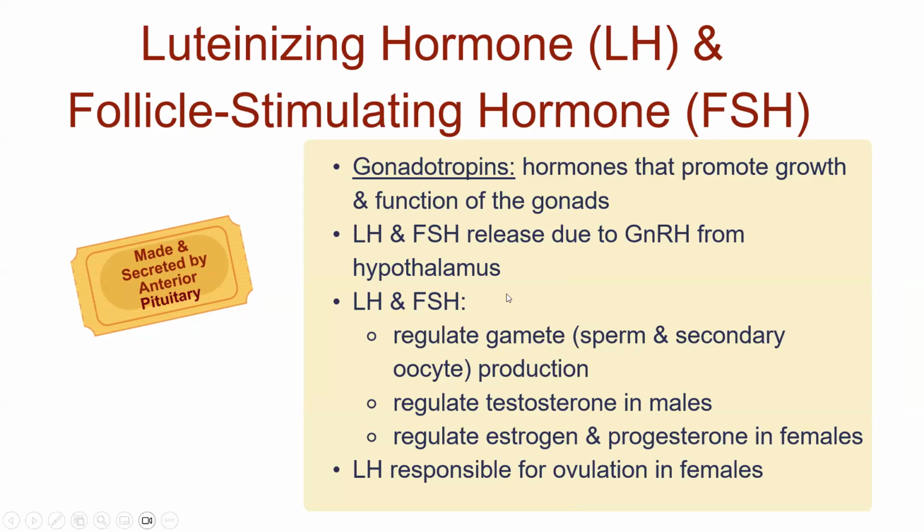So they both regulate gamete production. In males, they're going to regulate testosterone and sperm development. And in females, they're going to regulate estrogen and progesterone levels. LH is associated with ovulation. FSH is associated with the actual maturation of the oocyte within the follicle.